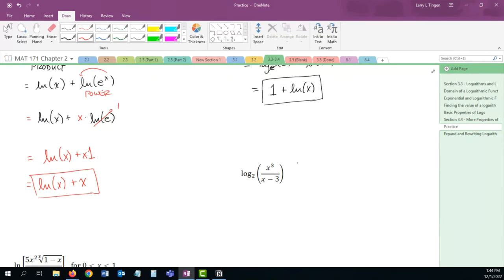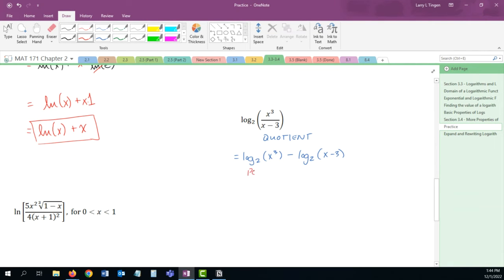So the power rule is not the first rule I can use here. Instead, the first rule I can use here is the quotient rule. The quotient rule says if you have division on the inside, it corresponds to subtraction on the outside. So log base 2 of x cubed divided by x minus 3 is log base 2 of x cubed minus log base 2 of x minus 3.